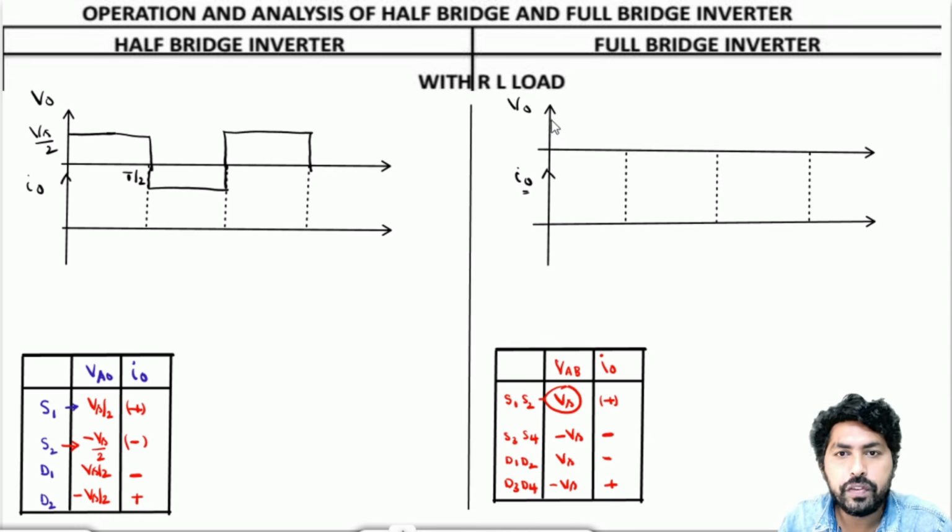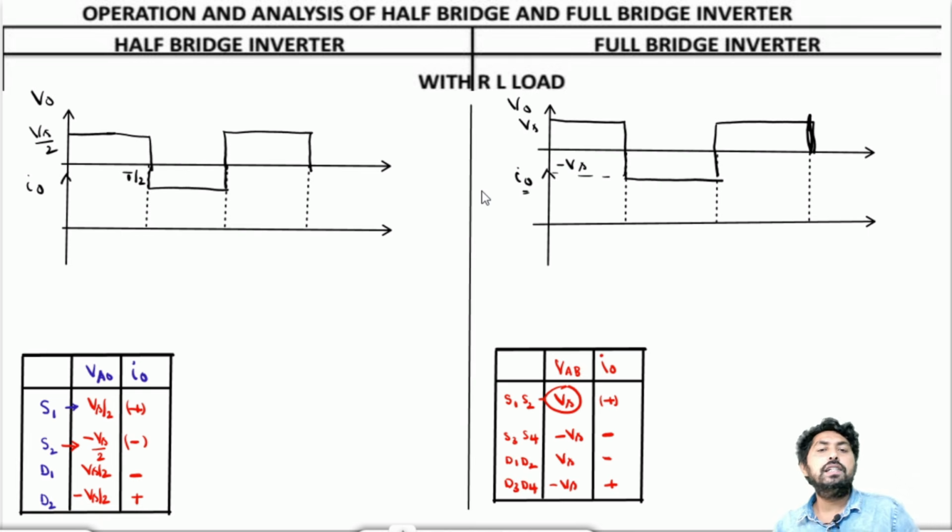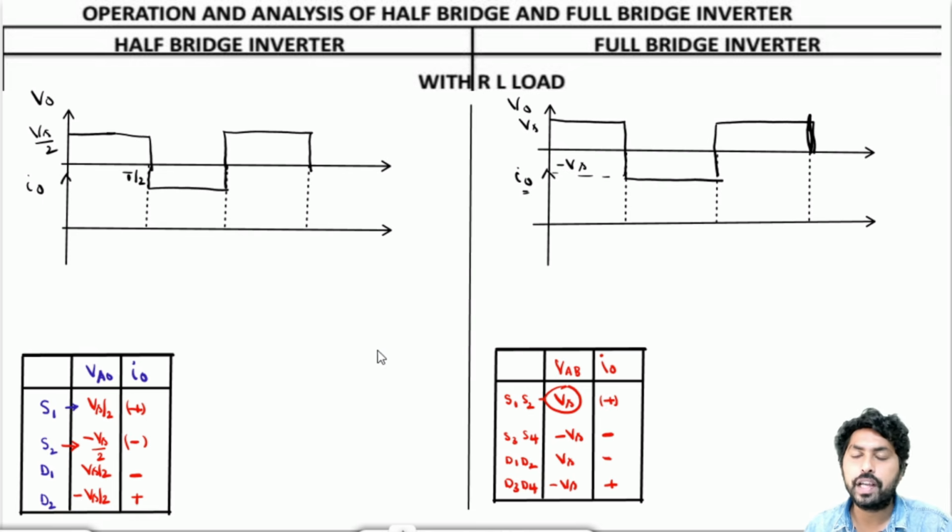So the output voltage waveform nature would be similar. Here also, if I draw the output voltage, it will be Vs, and from T by 2 to T, it will be minus Vs. So now we have drawn the output voltage waveform for both the cases. Now let us draw the output current, find the nature of the output current, and find the maximum value of the output current also.